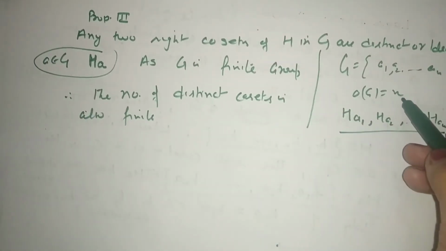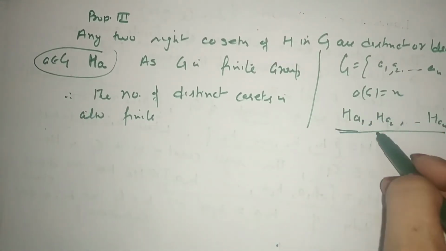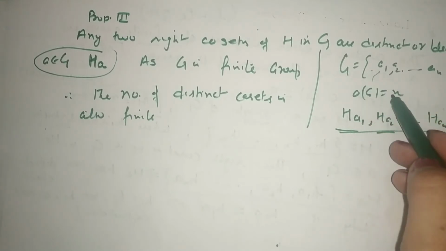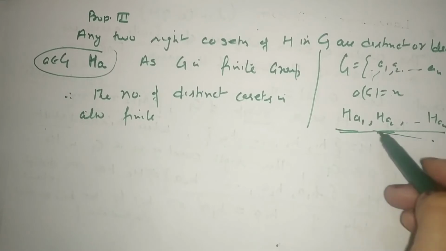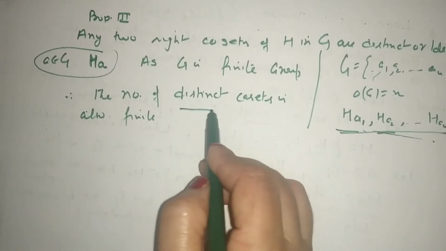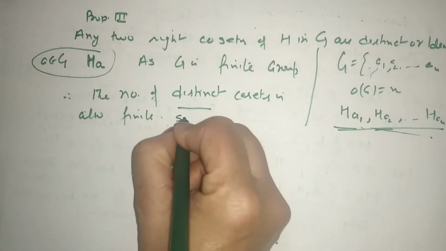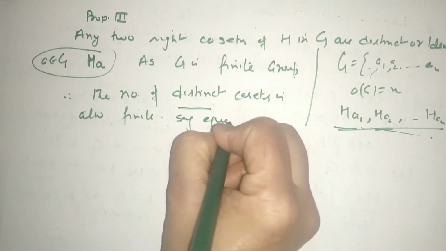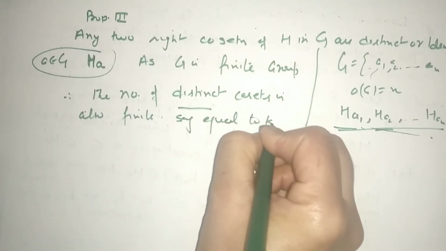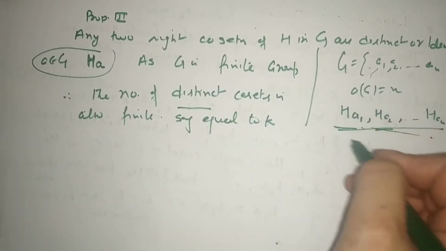As you have seen, if we make the cosets from the elements of G, as the elements of G are finite, the cosets will be finite, and we will have to take the distinct cosets out of these. So let the total number of distinct cosets be k.